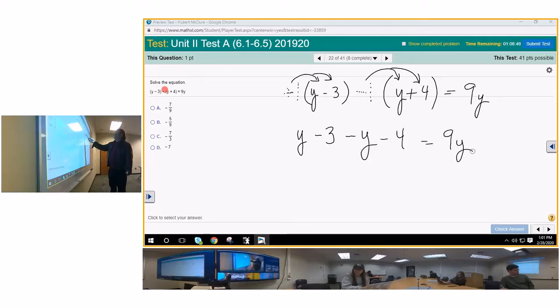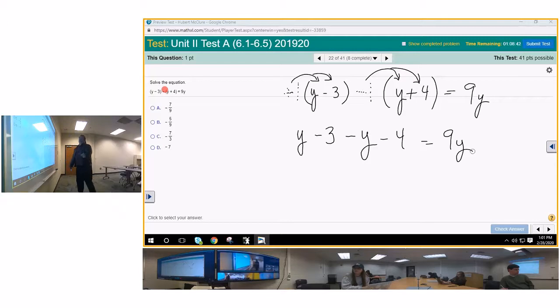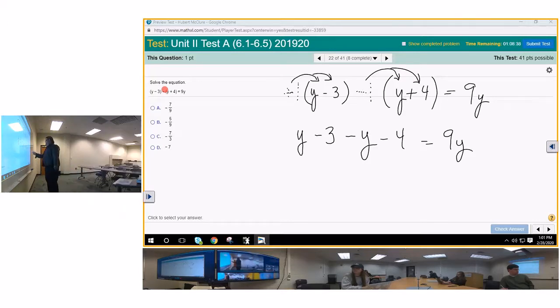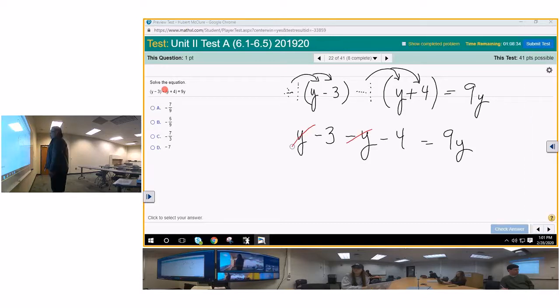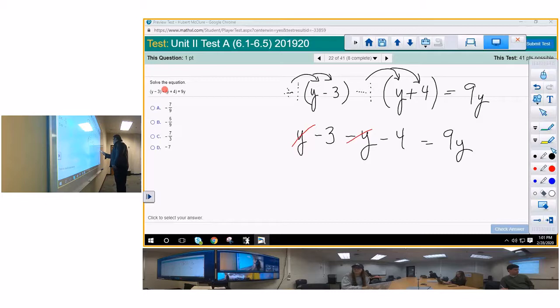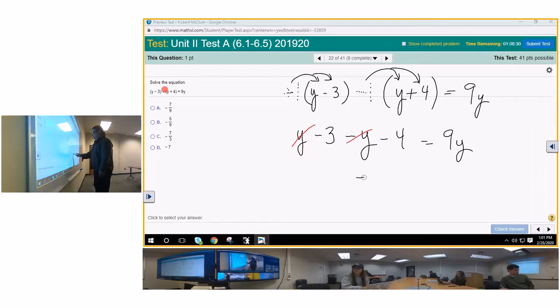People will get this wrong and say, oh, that's y plus 4 too, and they'll bring down y plus 4, and get a totally different answer. So what happens to the y's on the left side? They go out, Hubert. And that makes a negative 7 equal to 9y.